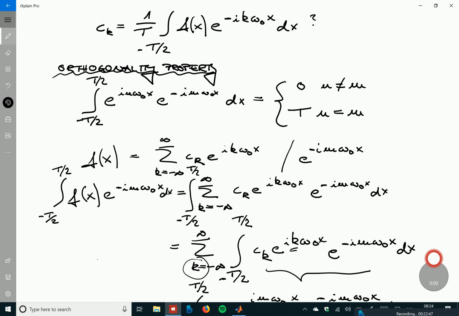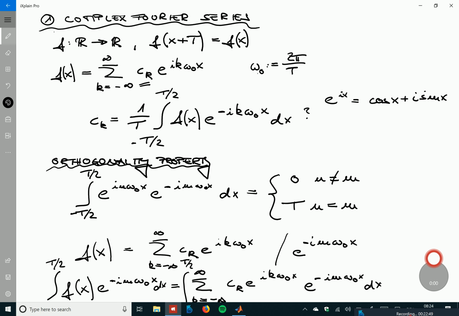So we have shown that this holds. It's essentially the same thing as for the real Fourier series coefficients, only that things are expressed with complex exponentials now. Happy?